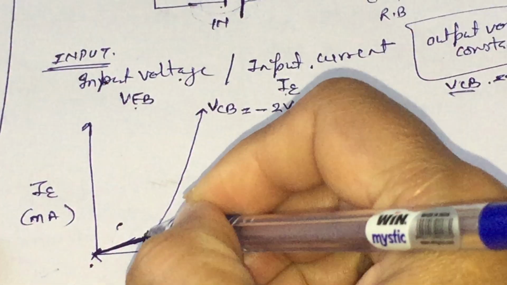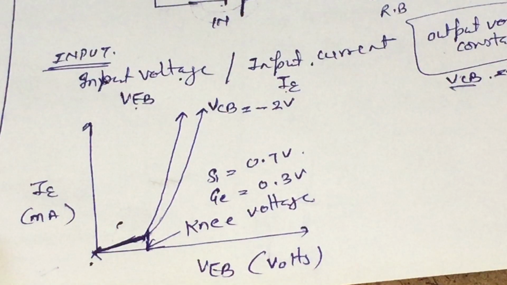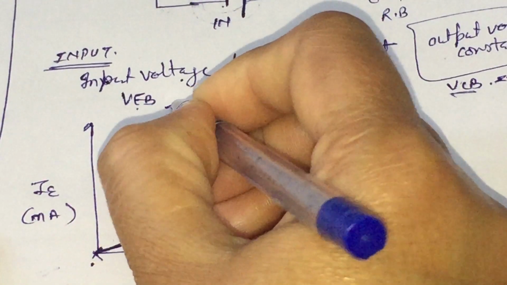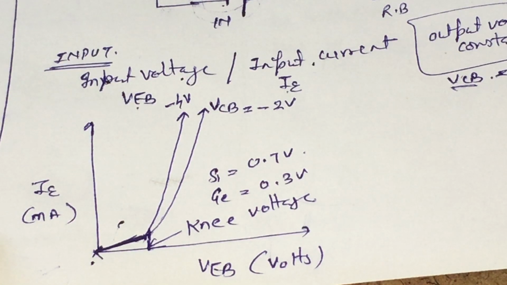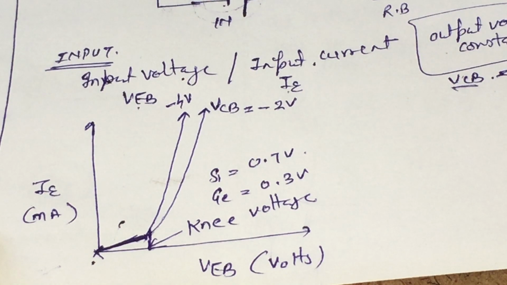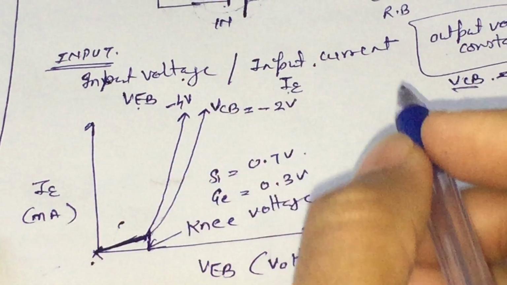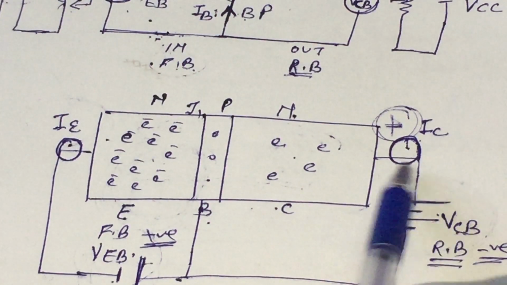We will find that at minus 4 volt for VCB we have a steeper graph as compared to the graph obtained at minus 2 volt VCB.